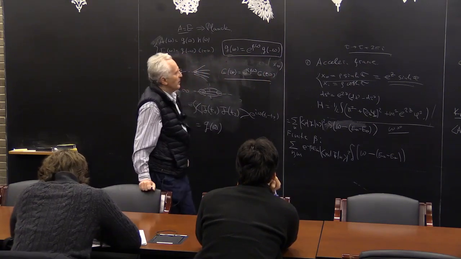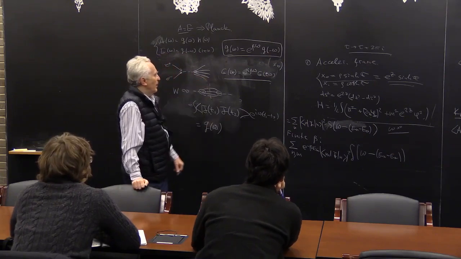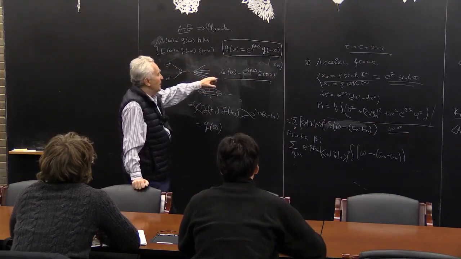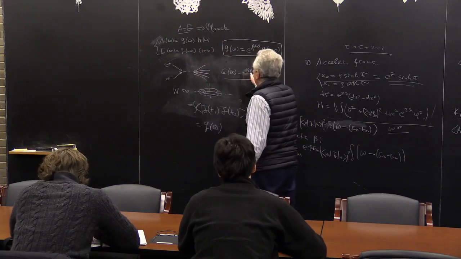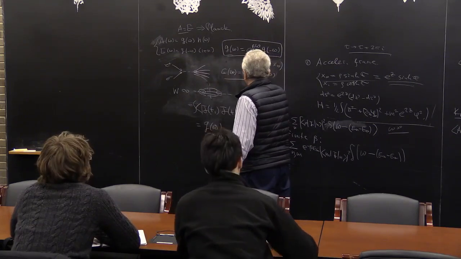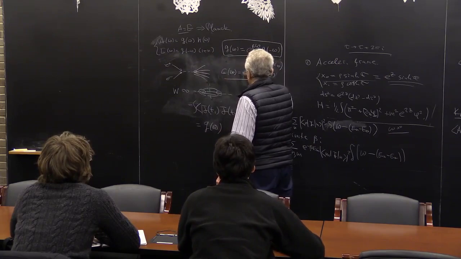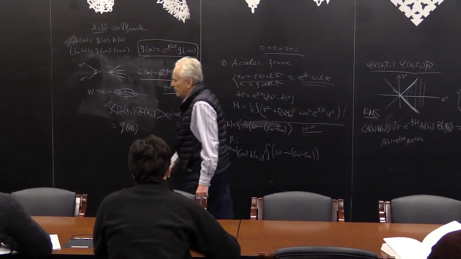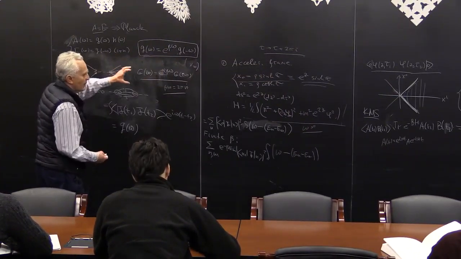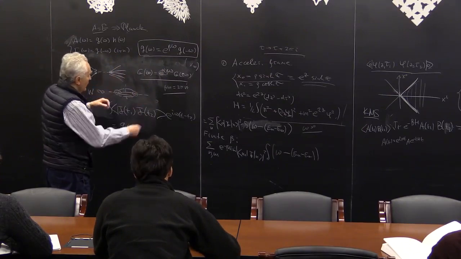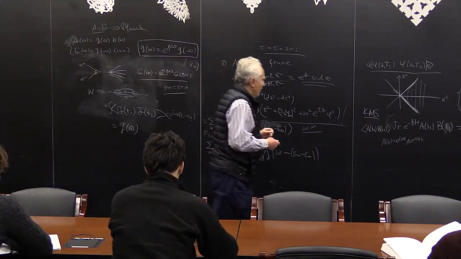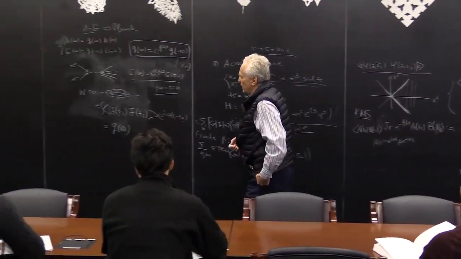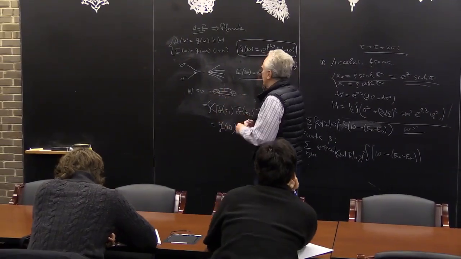Look what this formula means, what it tells you about the function g of i omega. Is there a branch cut? Yeah, it has branch cuts, but it says something more than that, that it is non-zero only when beta omega is 2 pi n. So it contains the Matsubara frequencies only, and you replace the integral over omega by the discrete sum over omega, and that's the standard answer for finite temperature.